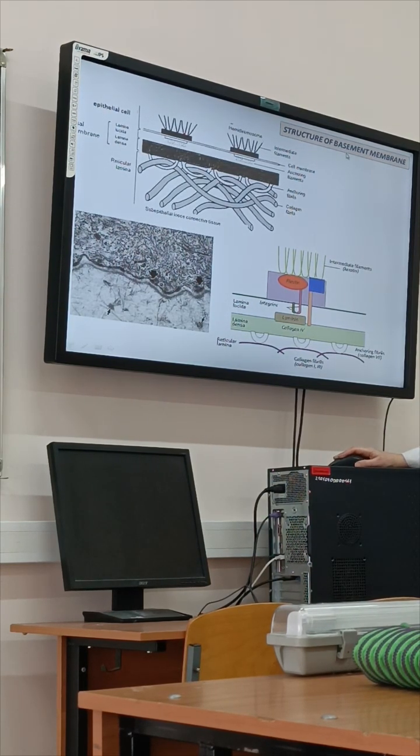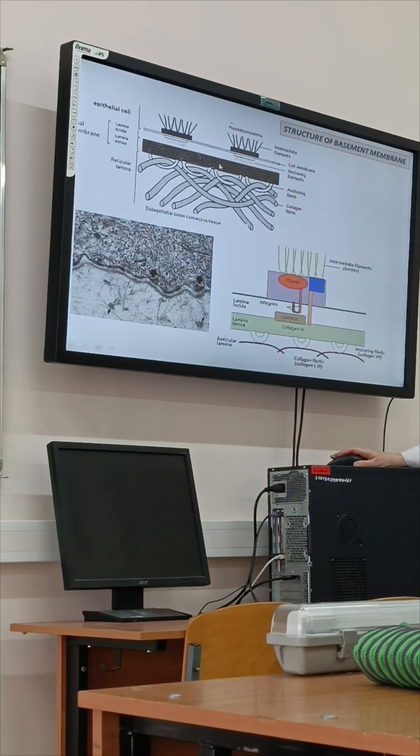Very important structure, the basement membrane, and on electron micrographs we can see a very clear lamina densa. But actually, it consists of lamina lucidum, lamina densa and reticular lamina.